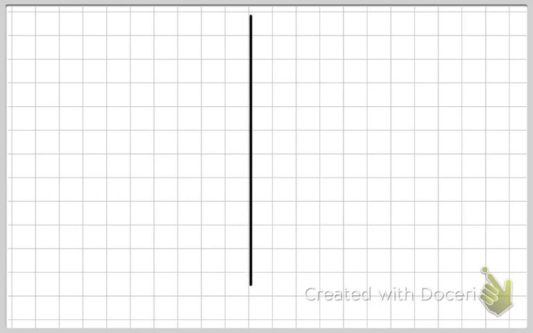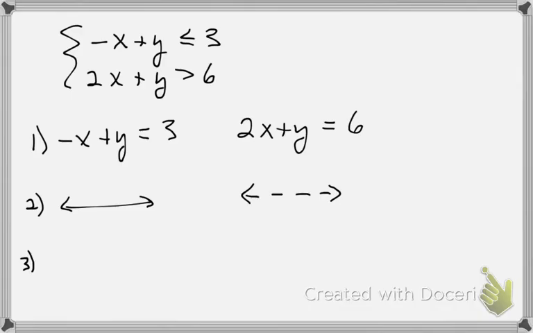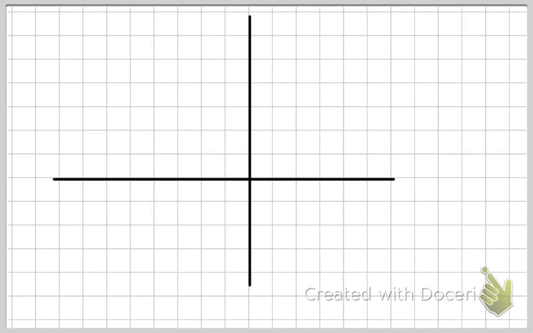So we'll do our axes. And then easiest way to graph this would be by doing the intercepts. So for the first one, the y-intercept is 3, whereas the x-intercept is -3. So my x and y-intercept, -3 and 3 respectively.